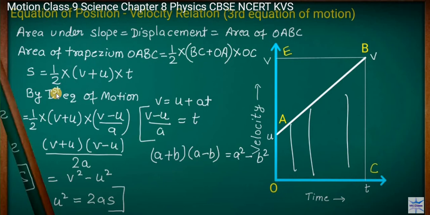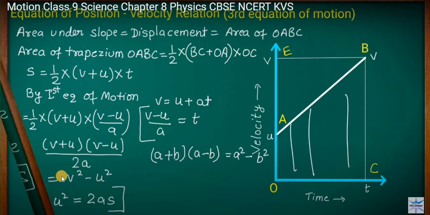So 1/2 into (V plus U), and instead of T we write (V minus U) divided by A. Now we multiply the brackets, so we get (V plus U) into (V minus U), and in the denominator 2A. So S is equal to (V square minus U square) divided by 2A.